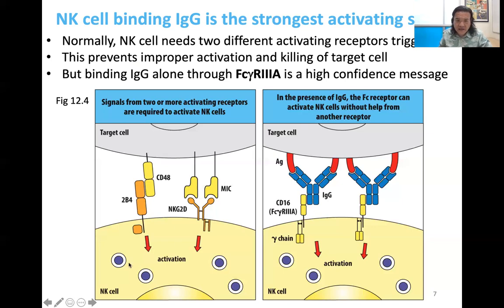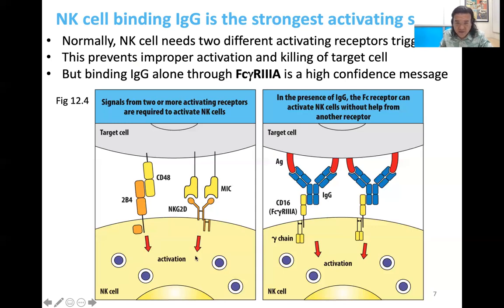So this particular NK cell, from its library of different NK cell receptors, happens to be a cell that expresses a lot of 2B4 on its surface, this orange one, and NKG2D, this one over here. And each one of these is specific for this particular ligand that's presented by the target cell. So as a result, normally you'd have to have these two different receptors activating at the same time.